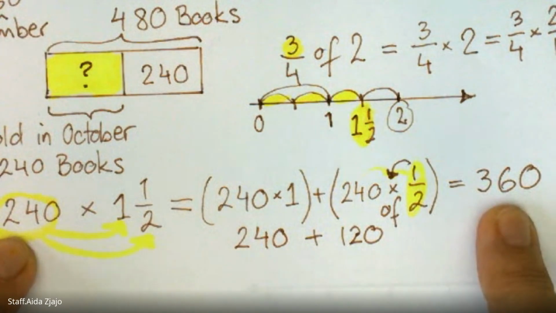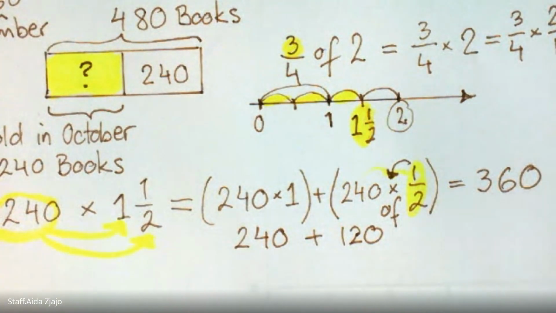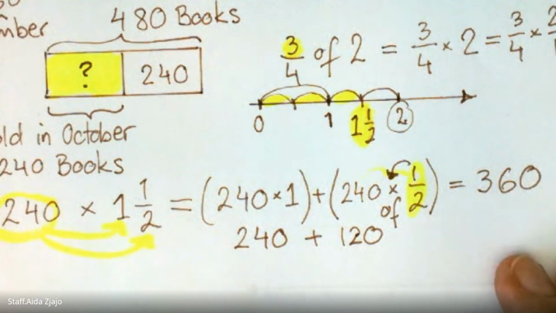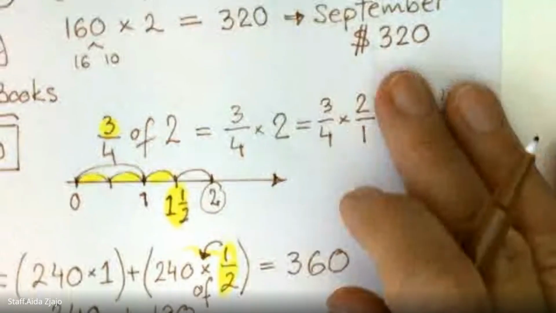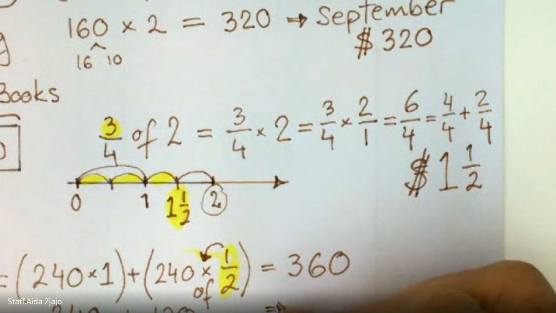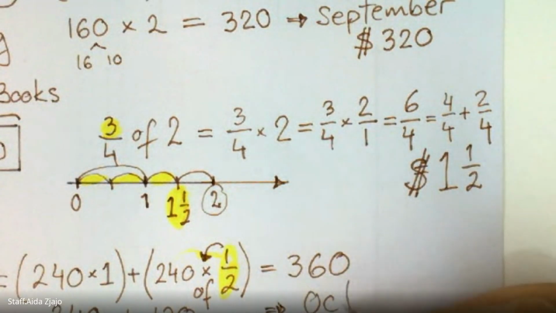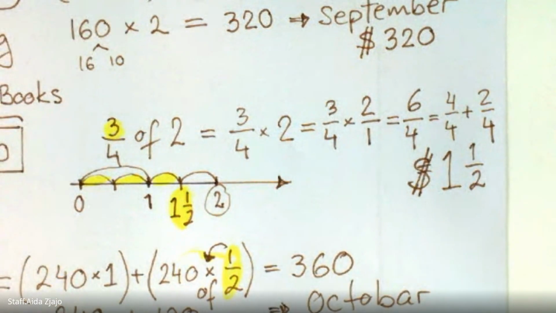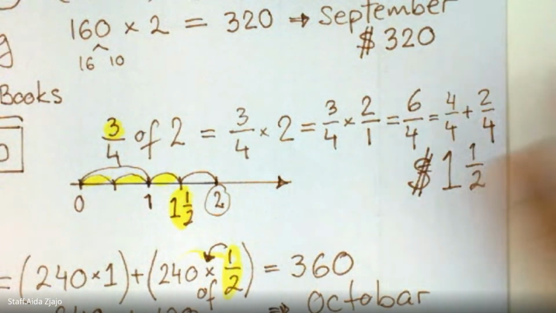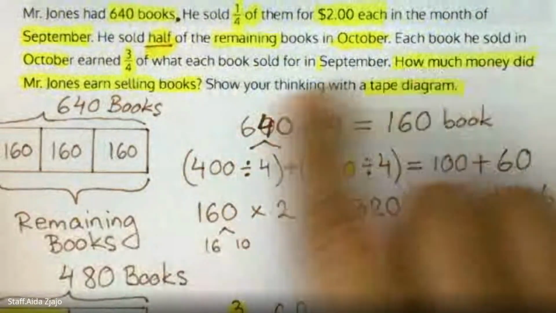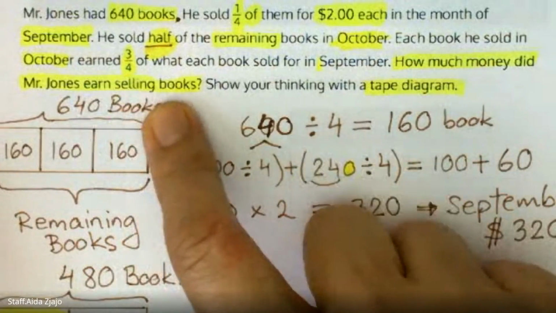So that's how much money he made in October. September was $320. October, he made $360. So now we go back to the question, and the question says, how much money did Mr. Jones earn selling books?